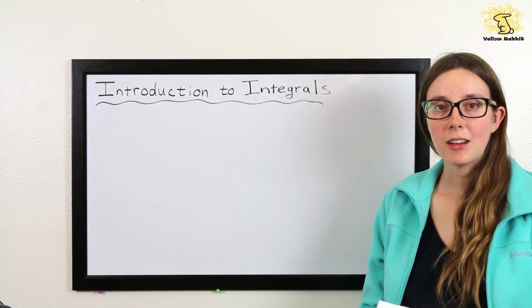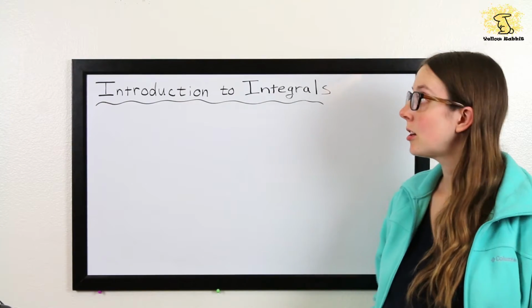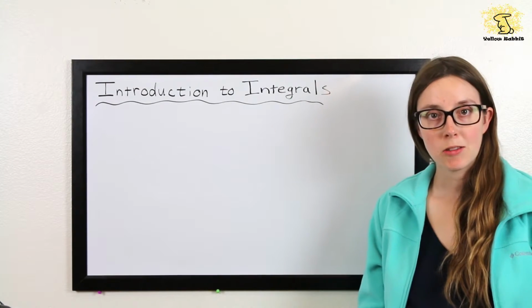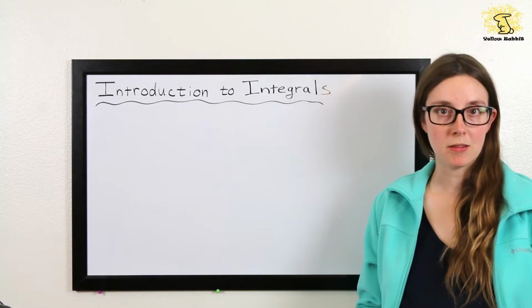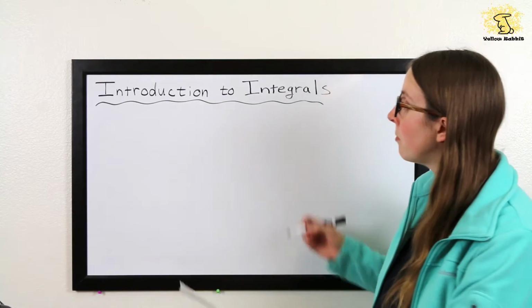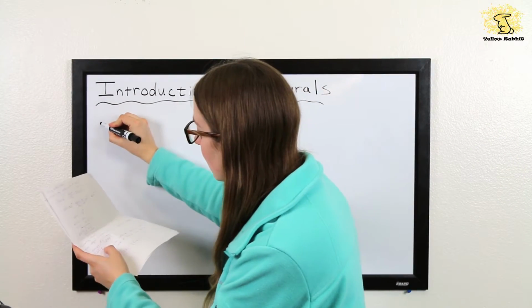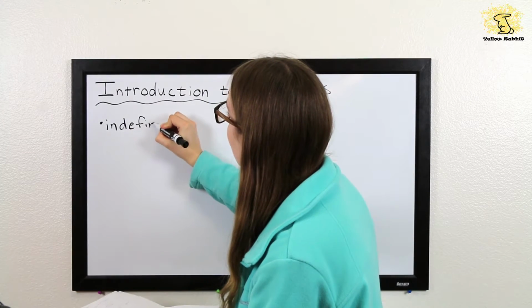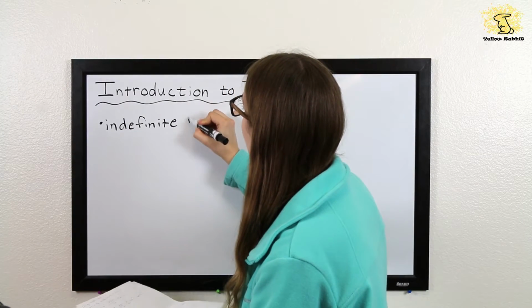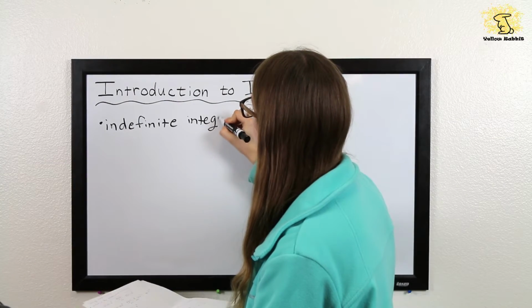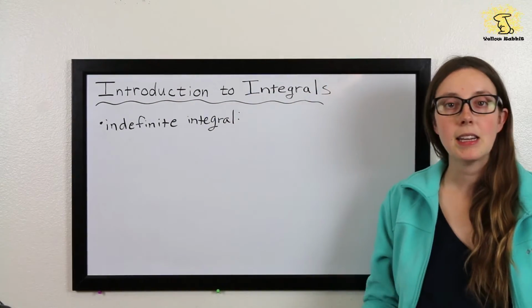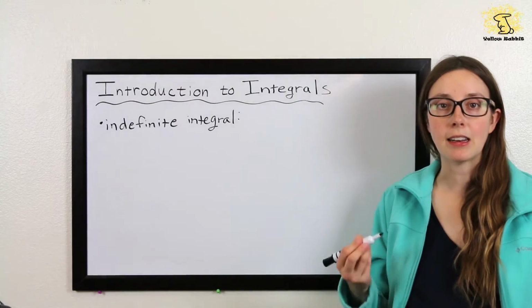So now that we've learned how to solve antiderivatives, let's turn our attention back to evaluating integrals. First of all, let's familiarize ourselves with the two types of integrals. The first type of integral we could encounter is called an indefinite integral. An indefinite integral is any integral that does not have defined limits.